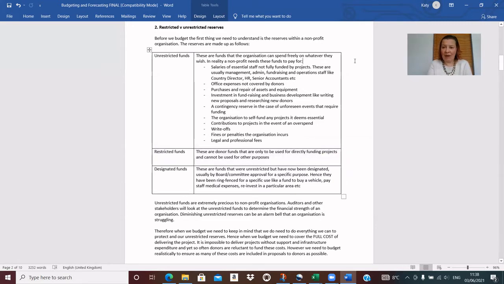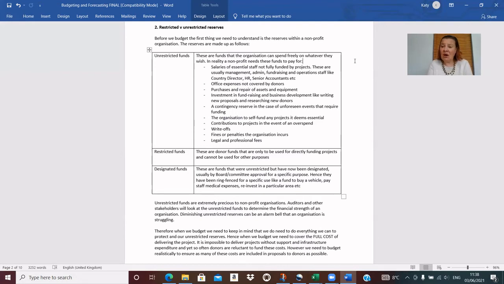Next, let's talk about unrestricted funds. So these are the funds that our organisation can spend freely on whatever we wish. Now, in reality, in a non-profit organisation, we often find that we need to spend these funds on salaries of staff that are not fully funded by projects.